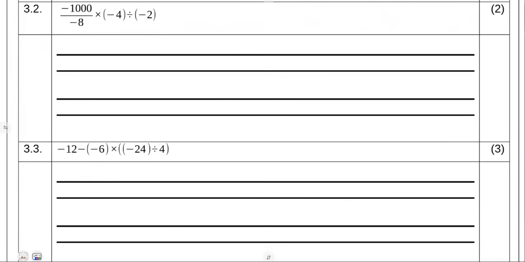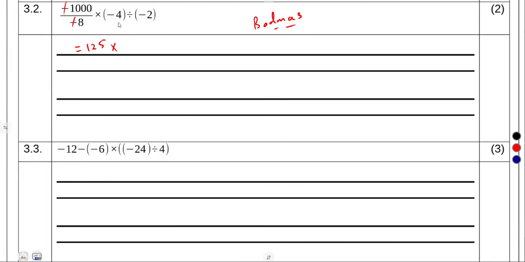All right. So 3.2, let us try to evaluate, also applying our BODMAS. Some use BODMAS. Right. Let's use the BODMAS. But in this case, we can even just evaluate negative, negative. Then 1000 divided by 8 is going to give us 125. Right, you can start, guys, like I said, you can even use a calculator there. That's 125 times, right?